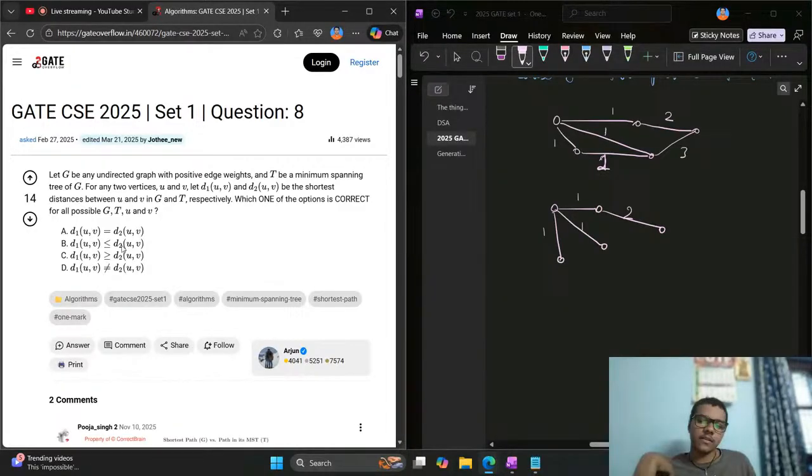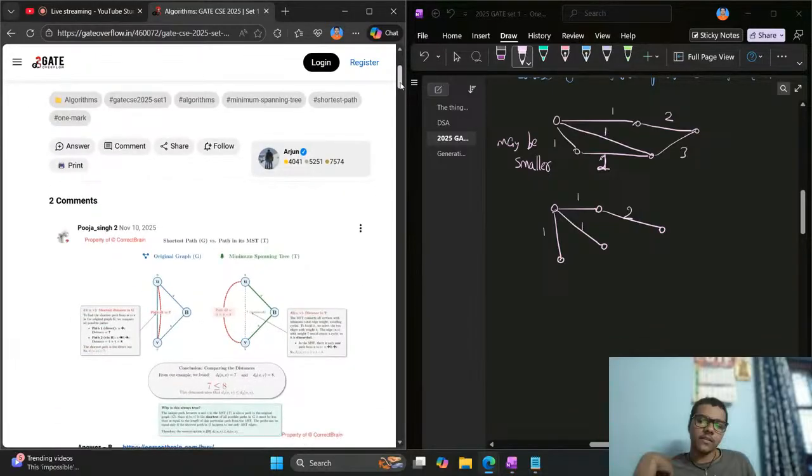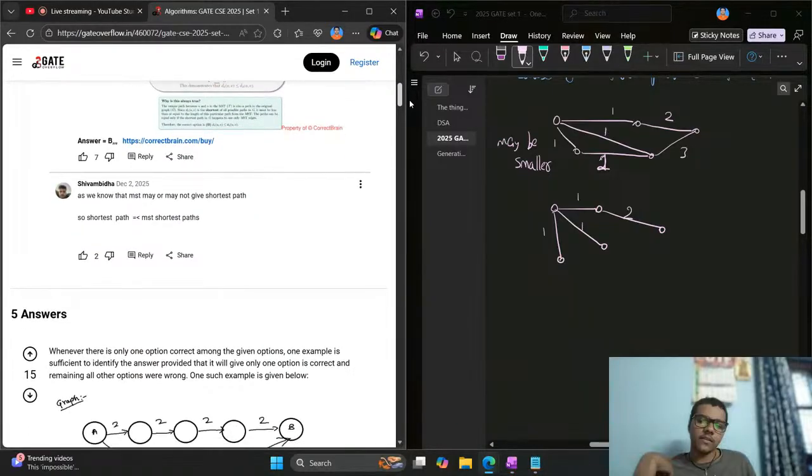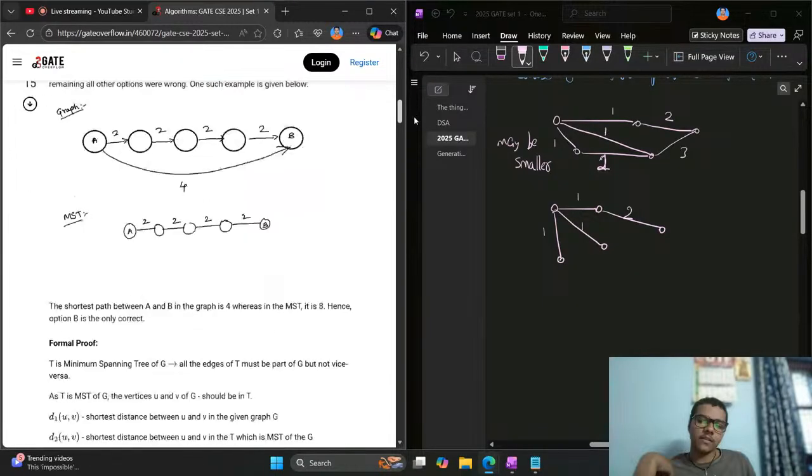So d1 is in G, so this will be smaller. This may be smaller. Yeah, I think B is the answer. And the MST path may or may not be the shortest path.